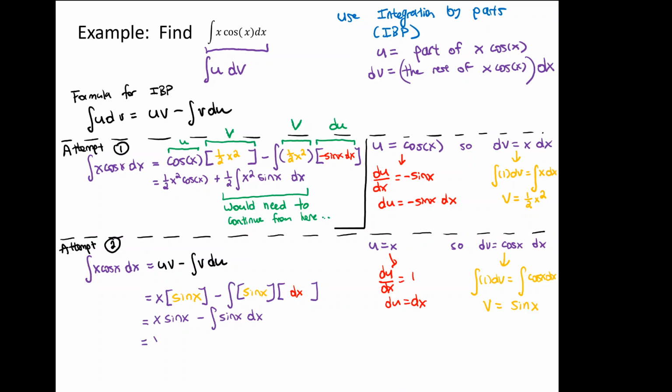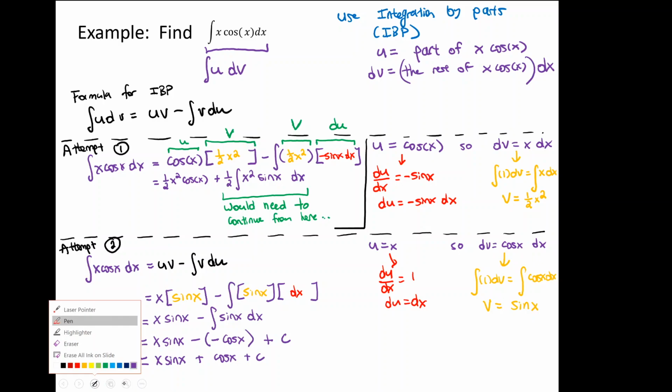It's something that we can quote by memory. The antiderivative of sine is negative cosine. And now we can tack on the plus c and clean up the negative times negative is positive. So x times the sine of x plus the cosine of x plus c.